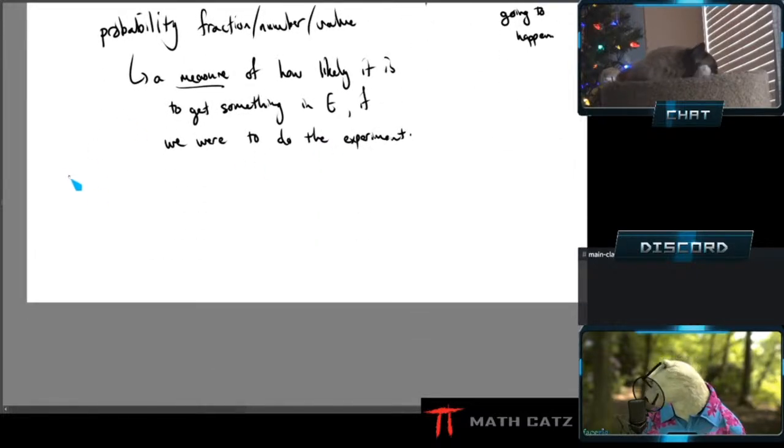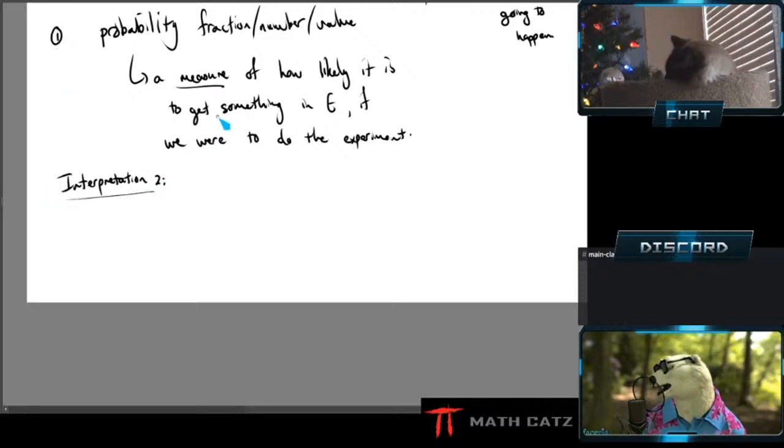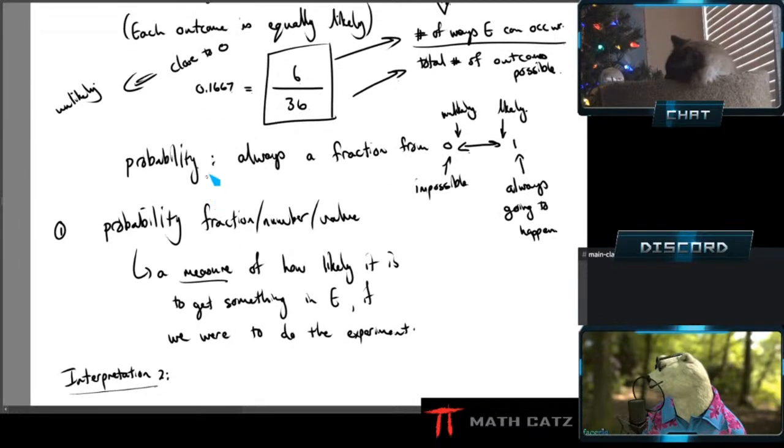So that's one interpretation. Another interpretation, let's say interpretation 2, this is 1, this is 2, is if you know from your prerequisite that I can make a fraction into a percentage.